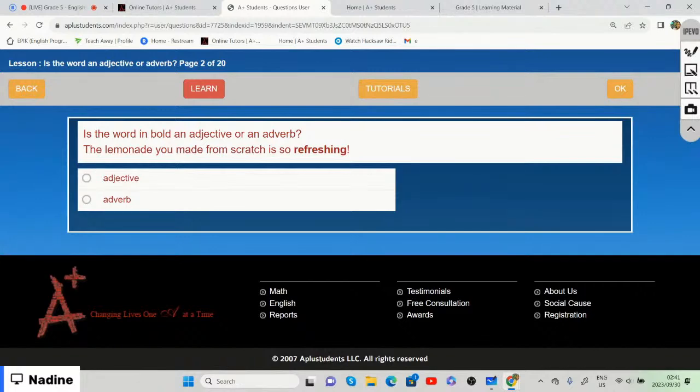Is it an adjective or an adverb? So refreshing, we can then say it is an adjective.